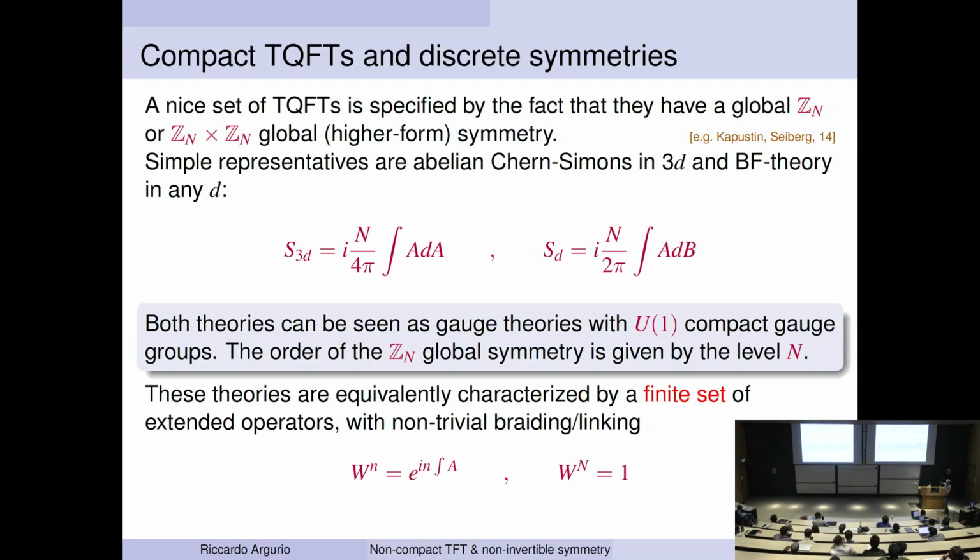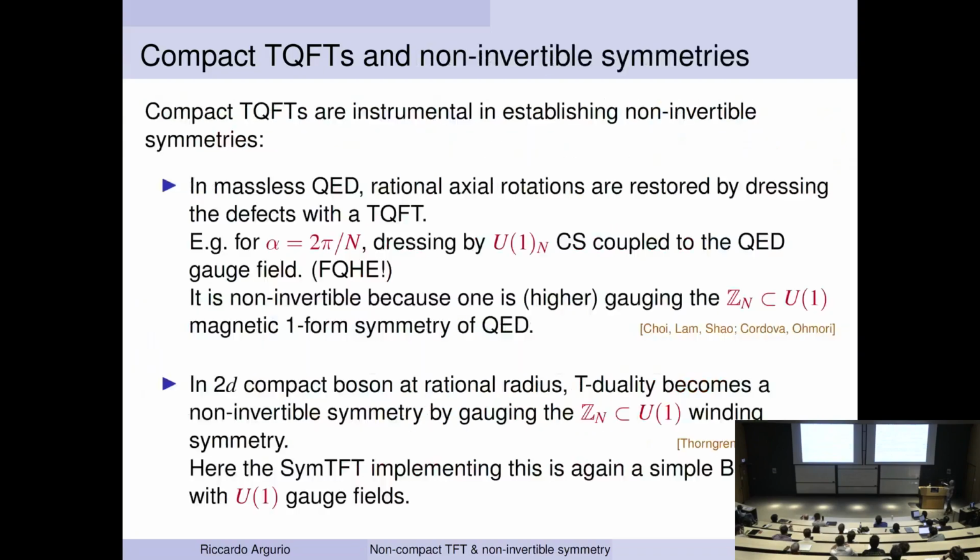Another perspective is to say that both of these theories have a finite set of extended operators, so lines in 3D, which are simple Wilson lines, but which are topological, since the whole theory is topological, and they satisfy this condition that tells you that there is a finite number.